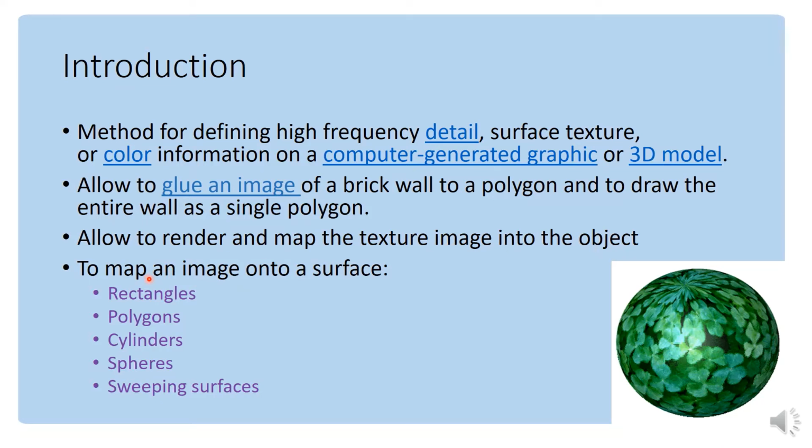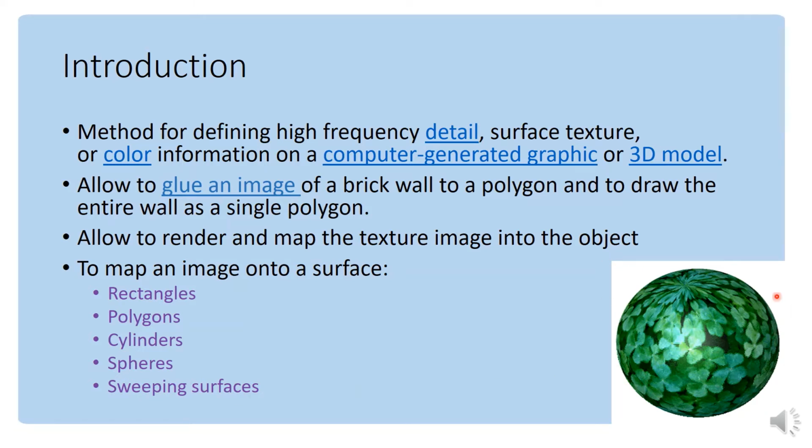We can map an image onto a surface, and there are several polygons or objects that we can apply texture mapping to. For example, we can apply a texture to a rectangle, a polygon, a cylinder, a sphere, or a sweeping surface. Let's look at this figure.